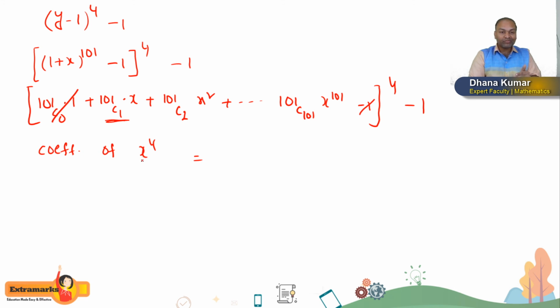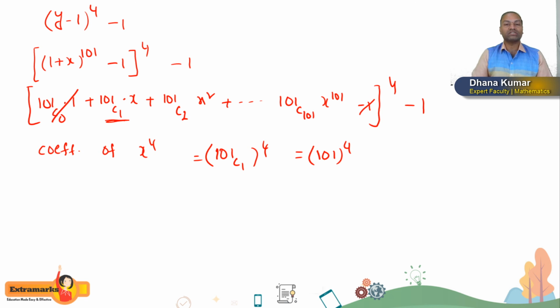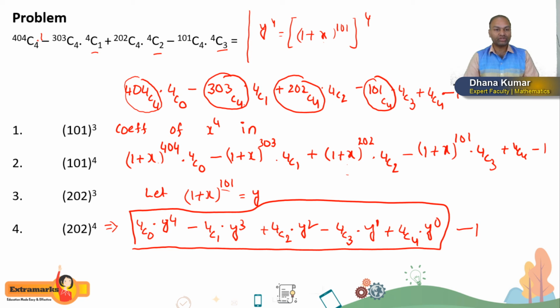So x power 4 coefficient in this expansion is equal to what? 101C1, and power how much is there? 4. So that is equal to 101 power 4. 101 whole power 4, that is the answer for the given question. You see which one is okay. Second option satisfied. 101 power 4.